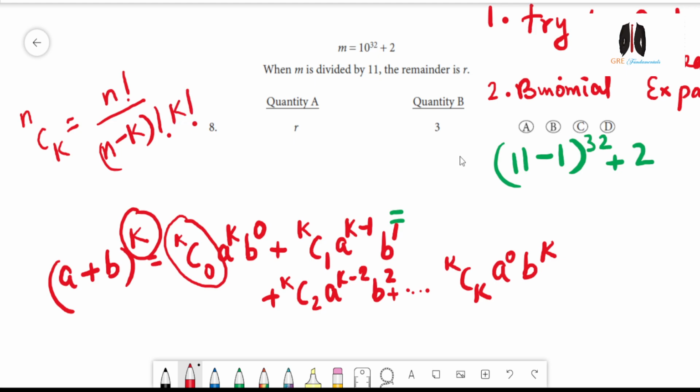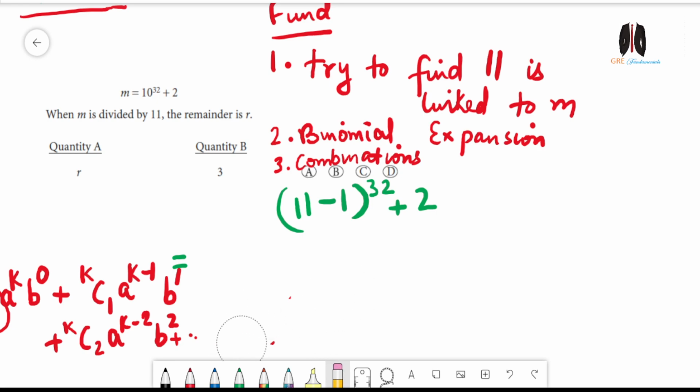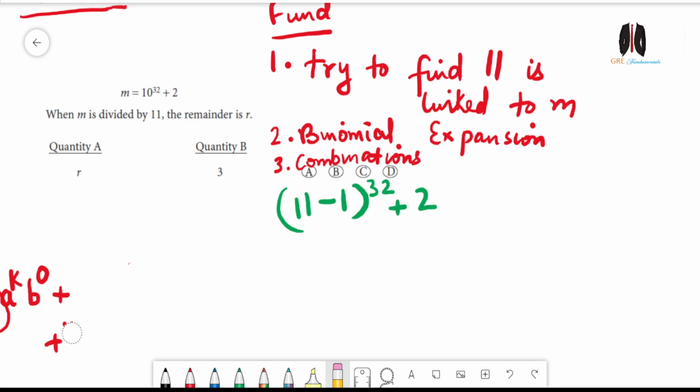So the third concept is combination. So now we have three concepts, and we can now move on to solving the problem.